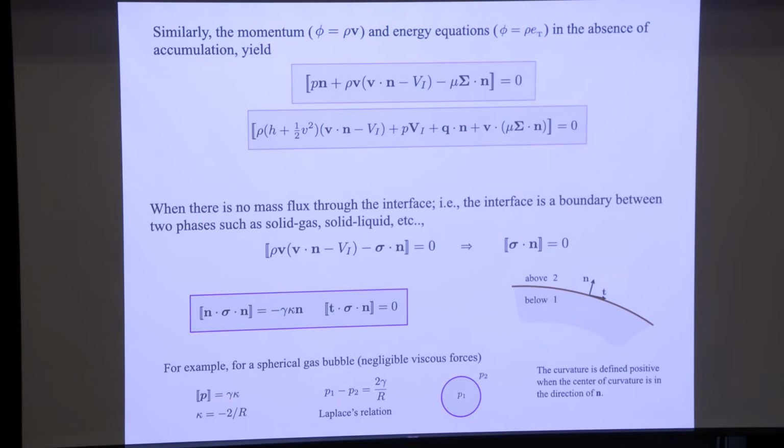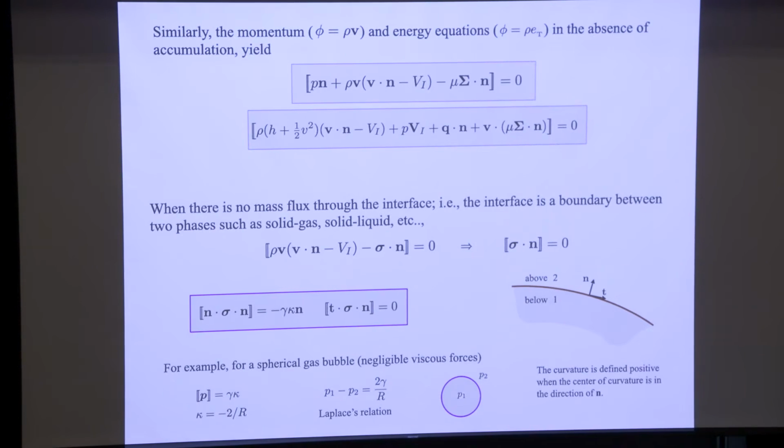And as a consequence, you get what is known as Laplace's relation, which tells you that the difference in pressure is related to a coefficient, denoted here by gamma, multiplied by the curvature, 2 over r, which is the curvature of the sphere.